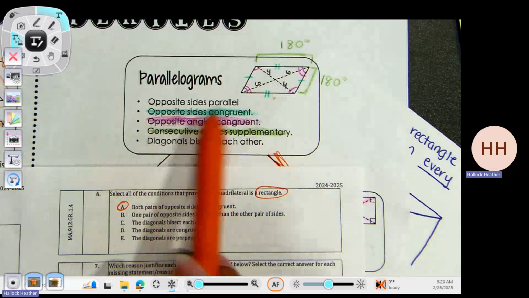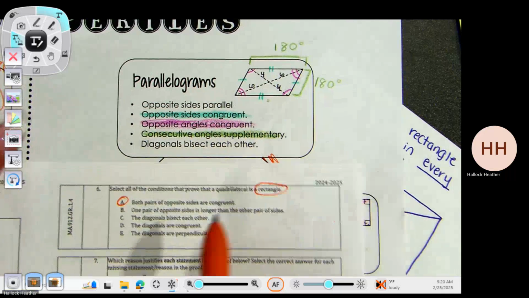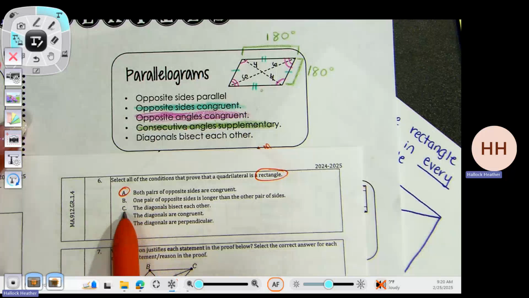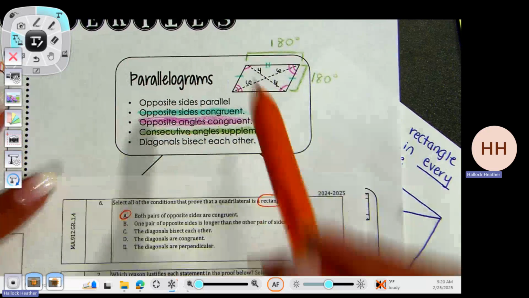This says opposite sides are congruent. So we're not going to choose B. C says the diagonals bisect each other. So your diagonals bisect each other.